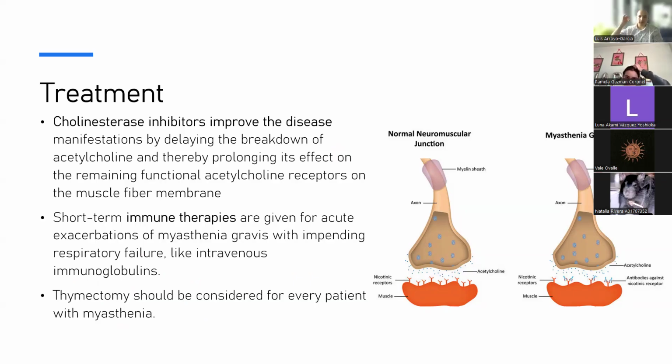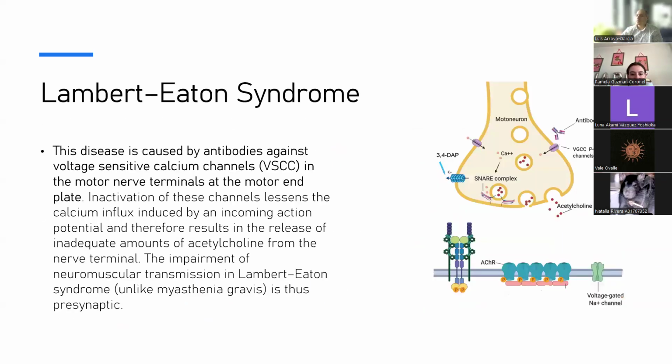So we have that the antibodies bind to the nicotinic receptor, and now we have the Lambert-Eaton syndrome. Okay. So please read this part, and someone explain to me what is the difference with this. There are also antibodies, but what is happening and what is actually the effect of that?